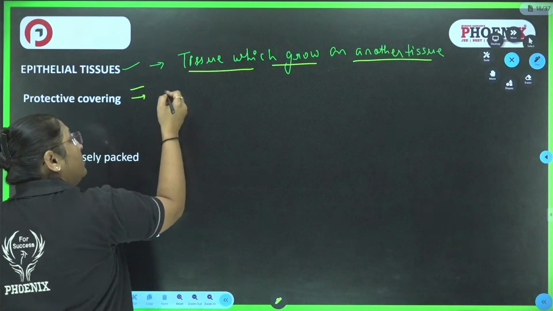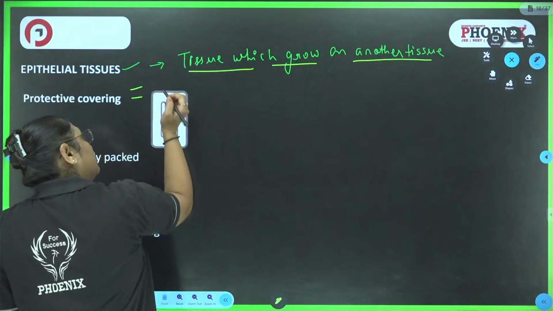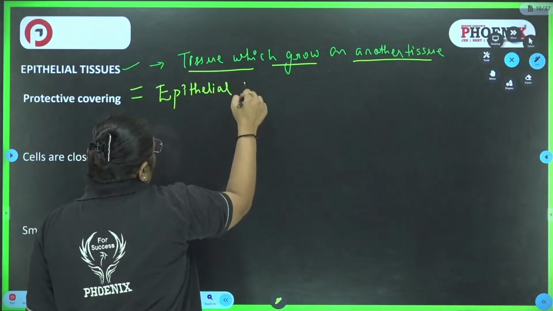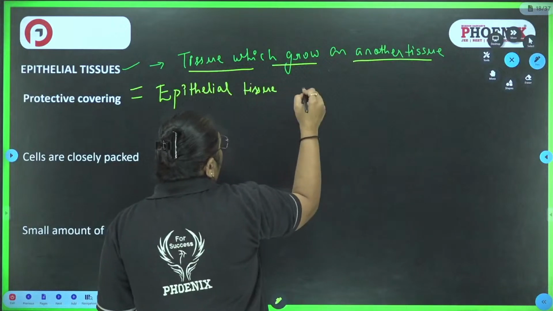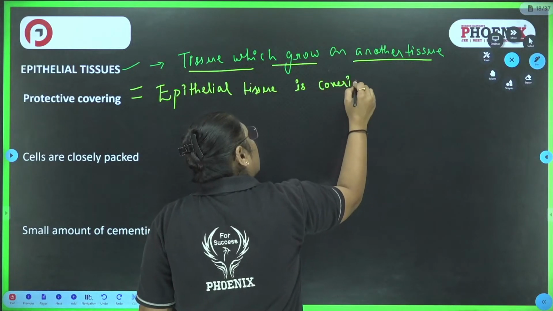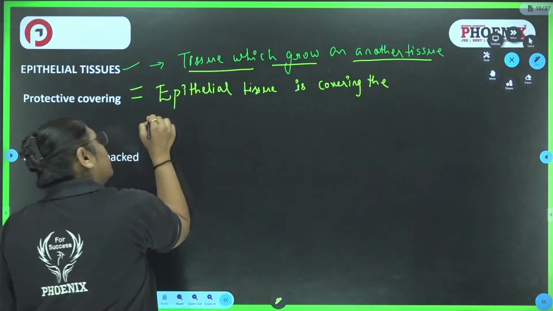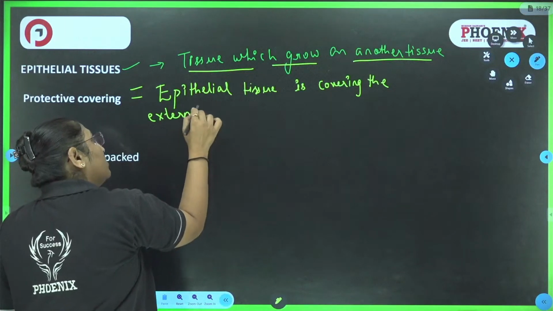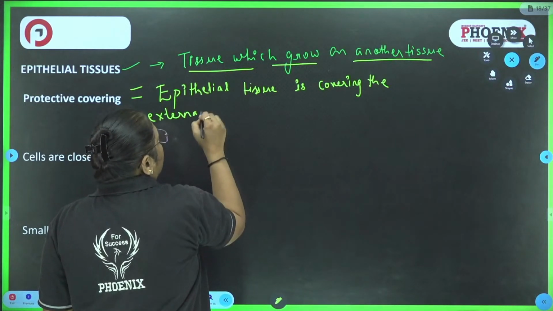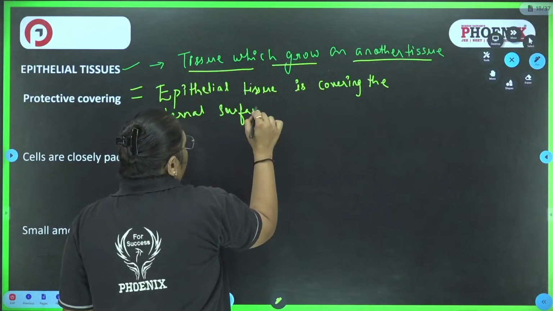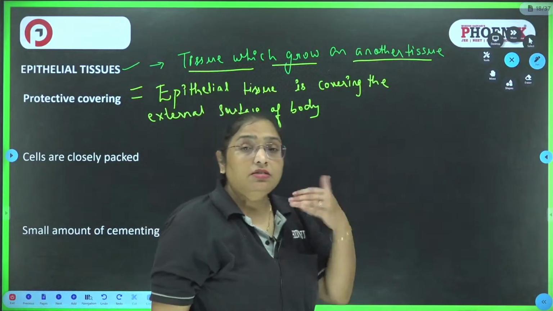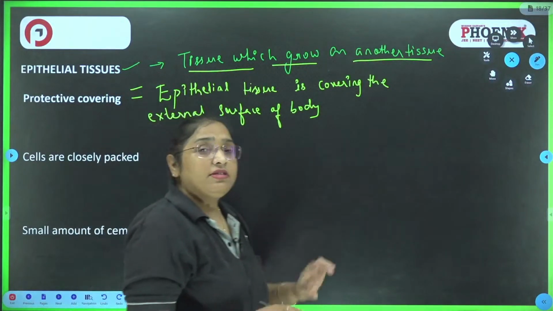Here we can see that epithelial tissue helps in covering the external part of the body as well as it also covers the internal organs.